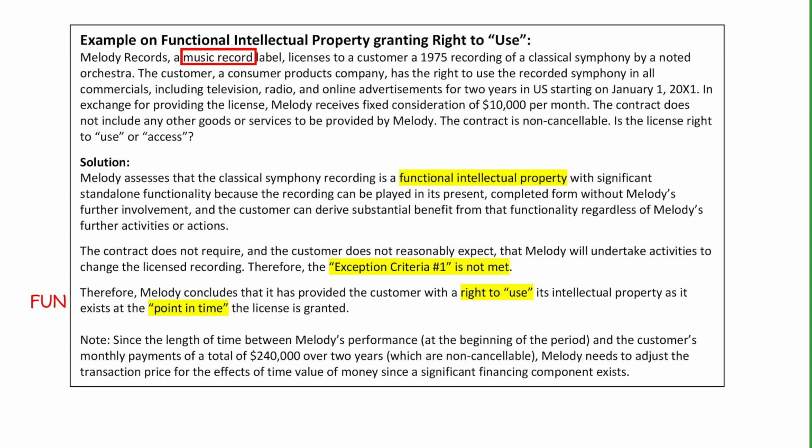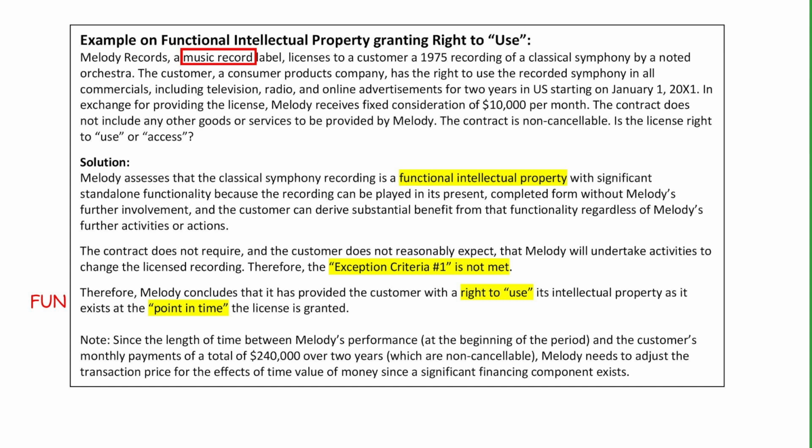So once again, because the classical symphony recording is a functional intellectual property which grants the customer the right to use, the revenue is to be recognized at the point in time the license is granted. That means right now. So Melody is going to recognize the entire revenue. That's $10,000 per month times 24 months.